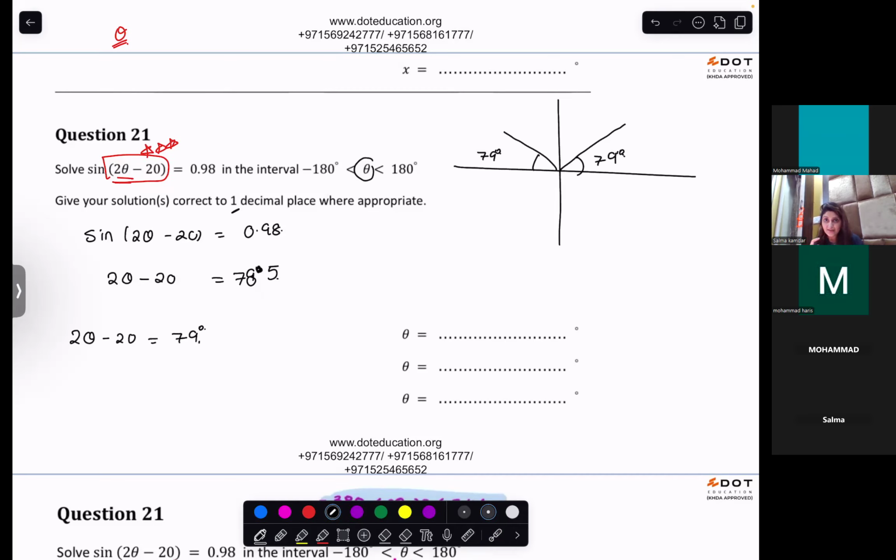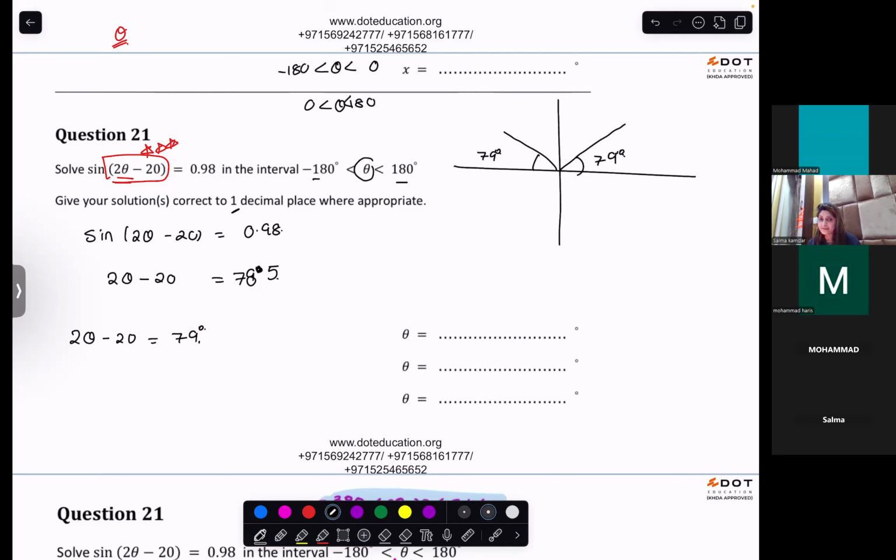Now I want this in the range of minus 180 to 180. So tell me, how will I do it? I will do it between 0 to 180 first, and then I will do my theta between minus 180 to 0. I hope you're with me.